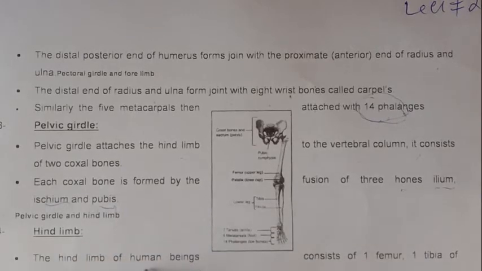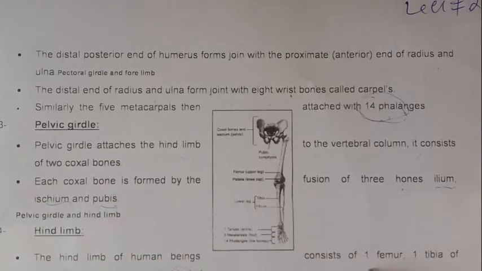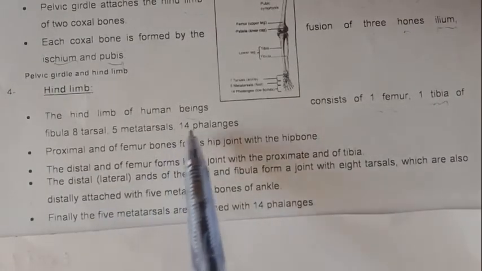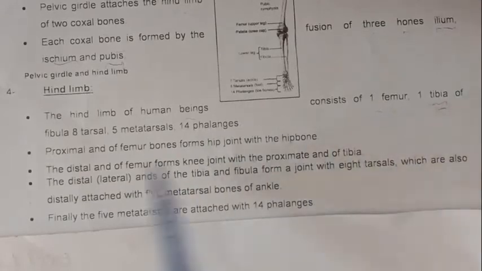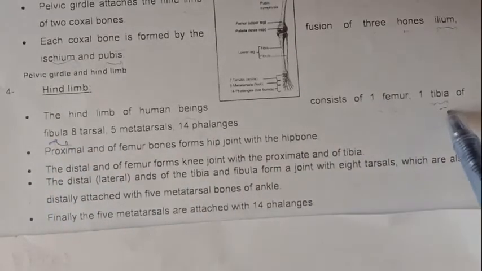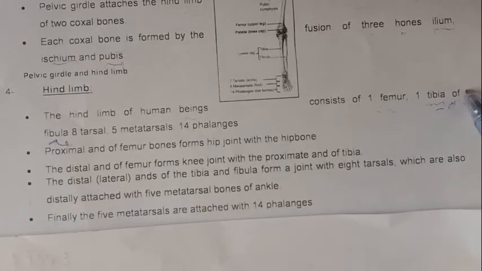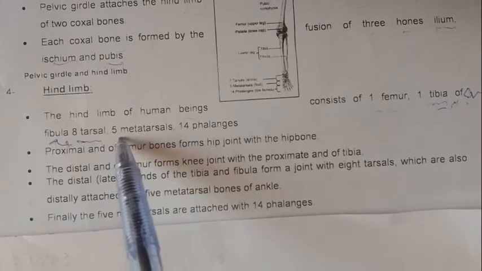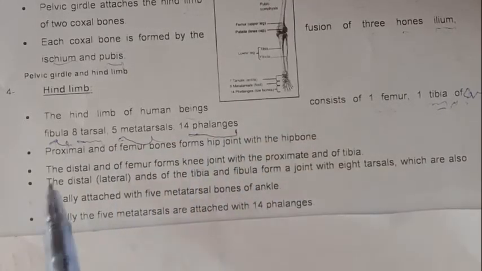The hind limb of human being consists of 1 femur and 1 tibia, and 1 fibula, and 8 tarsals and 5 metatarsals and 14 phalanges.